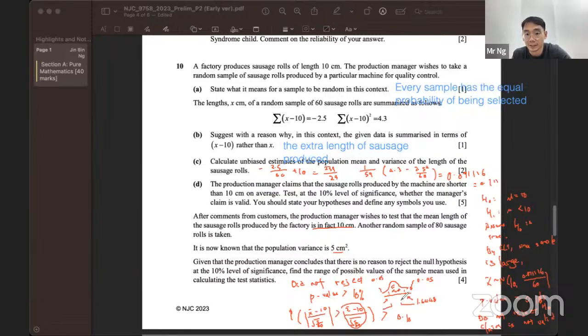So it needs to lie inside here. So this data needs to be less than 1.6448, and also this data needs to be more than negative 1.6448.